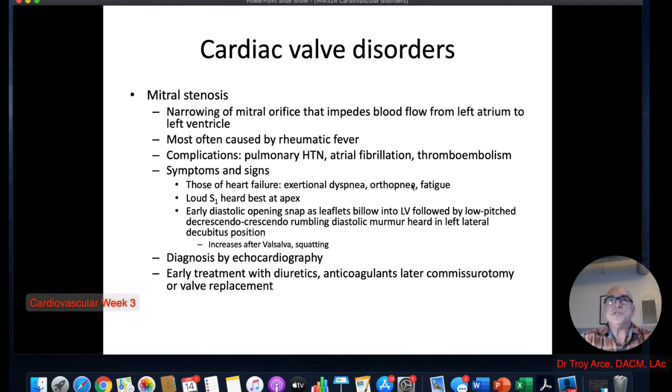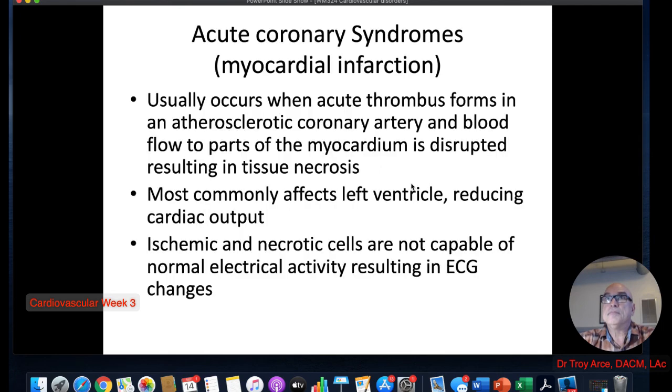So it increases after Valsalva or squatting, and the diagnosis is again by echo. Early treatment with diuretics, anticoagulants later, and you have what's called a commissurotomy or valve replacement in the event it gets so bad.